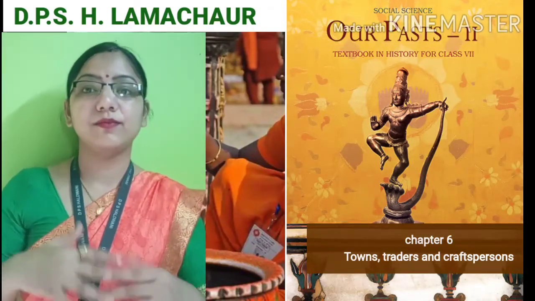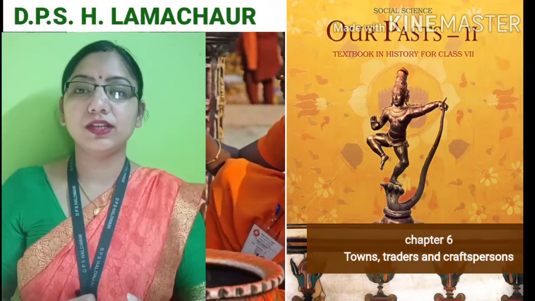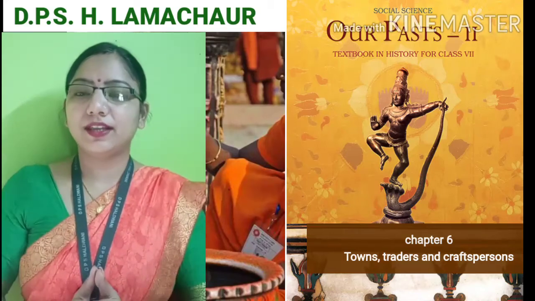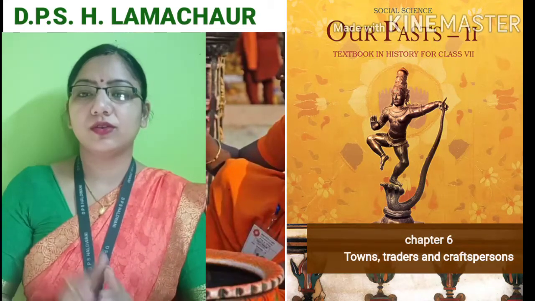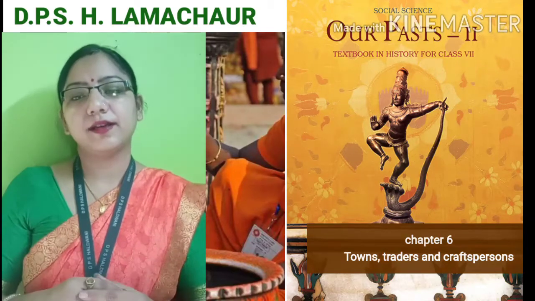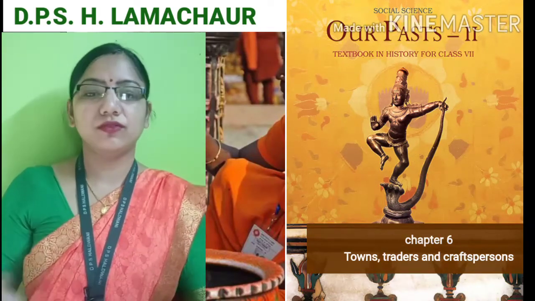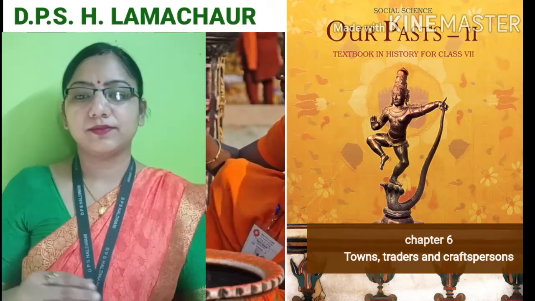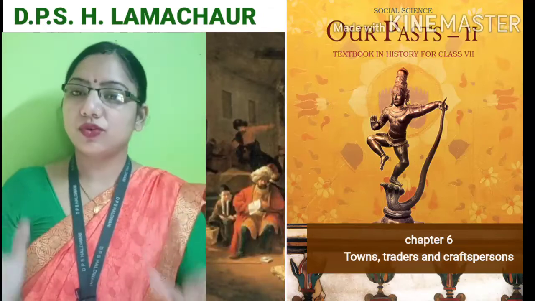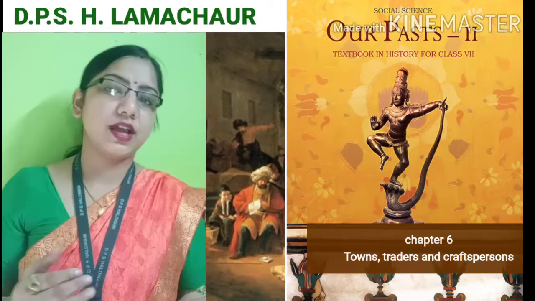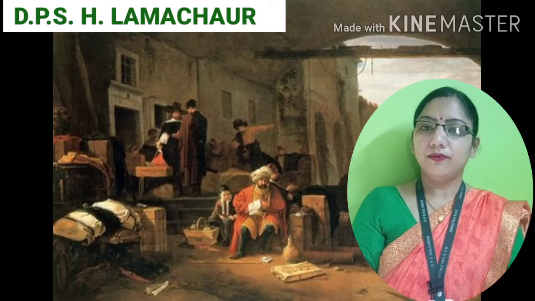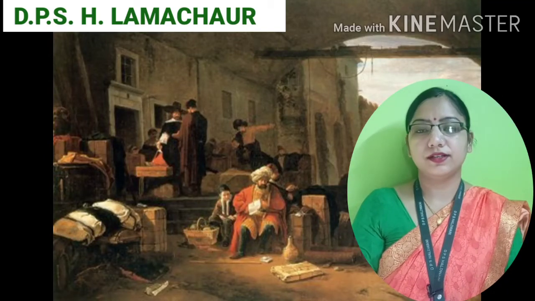Some see the beauty of nature, but mostly, I think, everybody notices the architecture of the historical buildings, and we get some important information about that place. But how did we come to know about these different types of historical places and the art and architecture which has spread over the country?